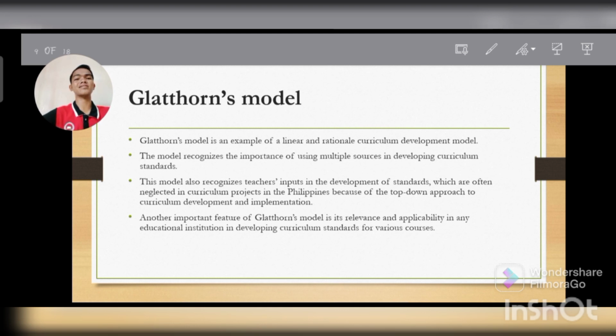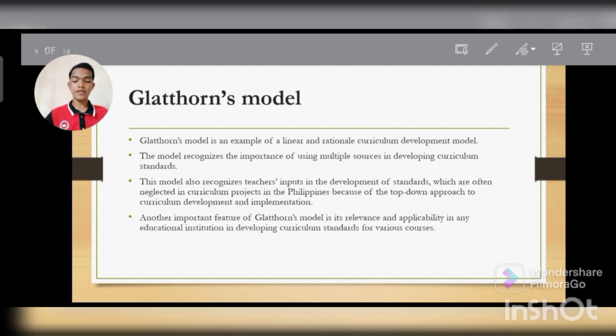So what are the 7 types of curriculum operating in school? The first one is the recommended curriculum. What is the recommended curriculum? When we say recommended curriculum, it is what is recommended by scholars and professionals.